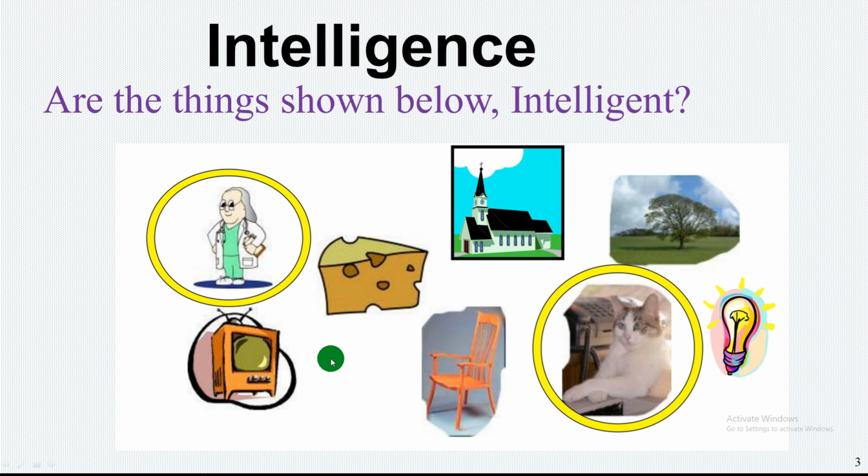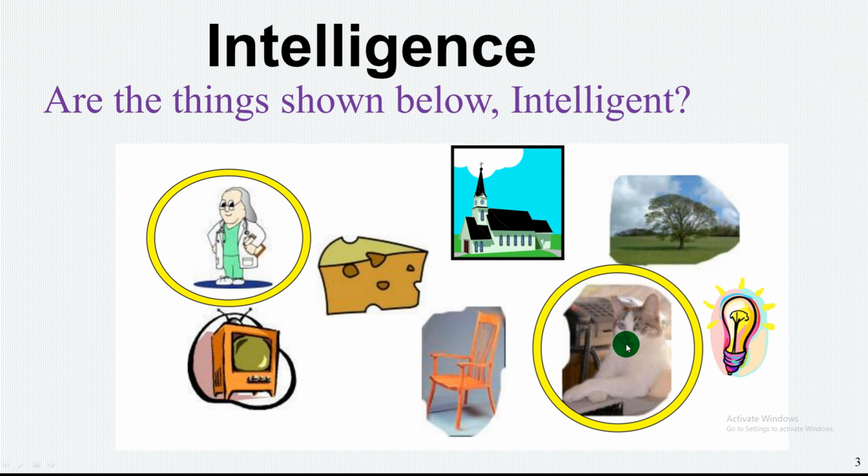So this human is intelligent, we can say intelligent, right? There is a desktop computer, I don't know its specific name, there is another object, and there is a table, tree, light bulb and a church. All of those are not intelligent because they cannot learn, adapt and react, right? The other thing, there is an animal, the cat. This cat, sometimes it is considered intelligent, and sometimes we cannot say it's intelligent, right?